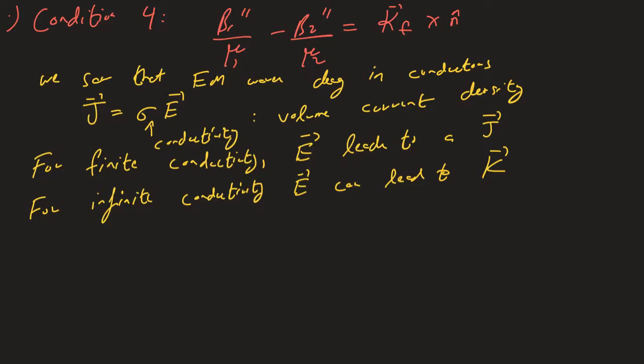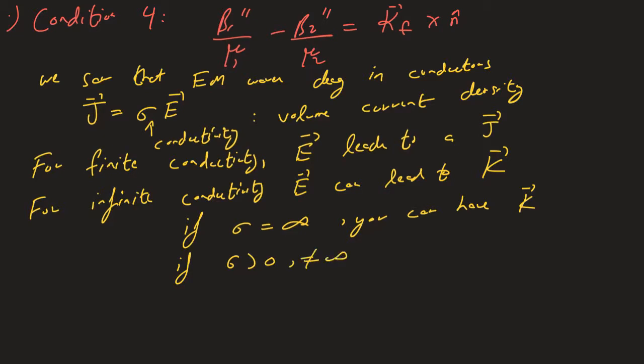So if sigma is equal to infinity, then you can have K. If sigma is greater than 0 but not equal to infinity, then you can have J, but you can't have both. That's one way of looking at it.